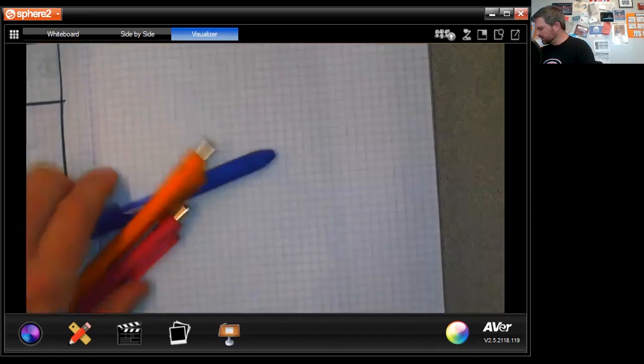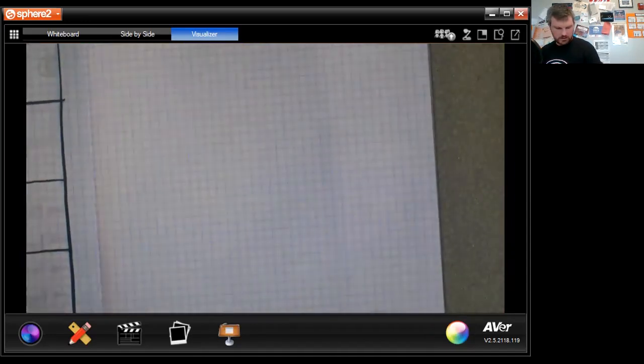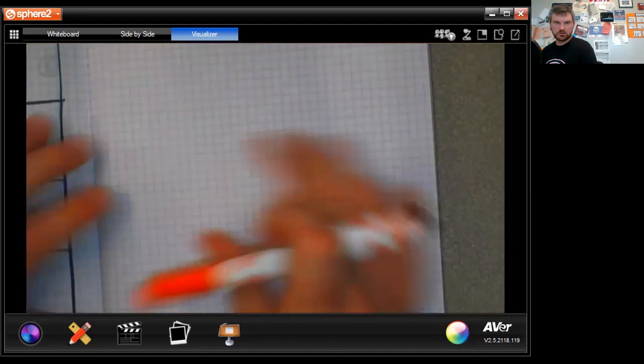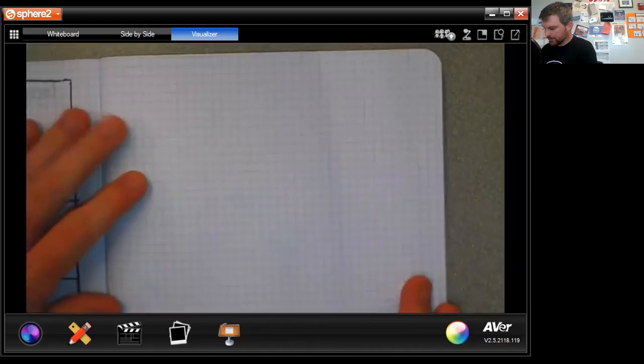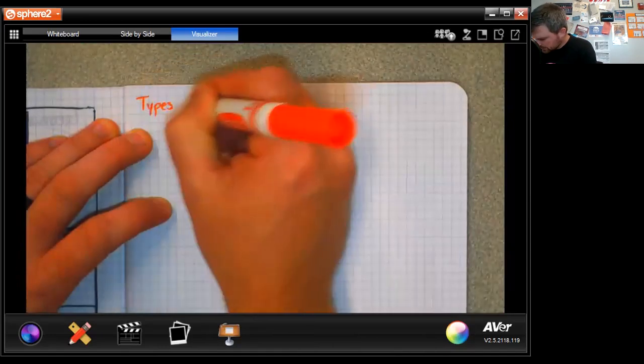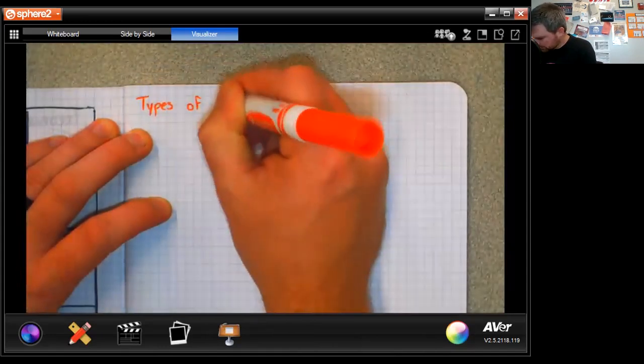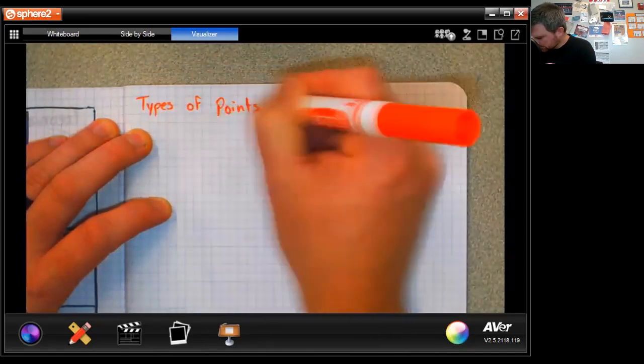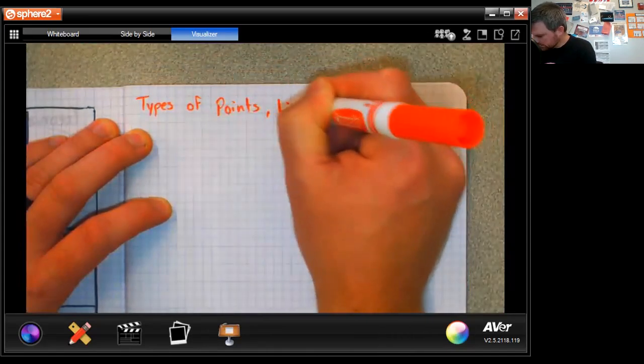So we'll title this page types of points, lines, and planes.